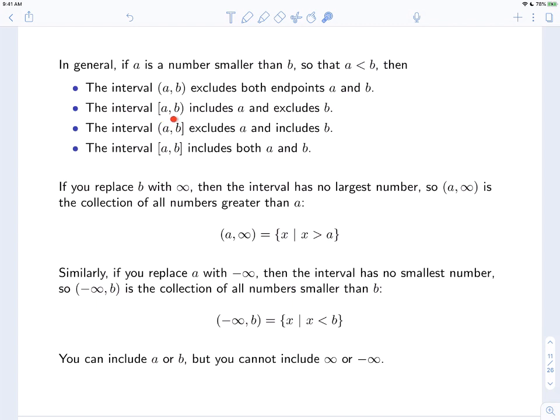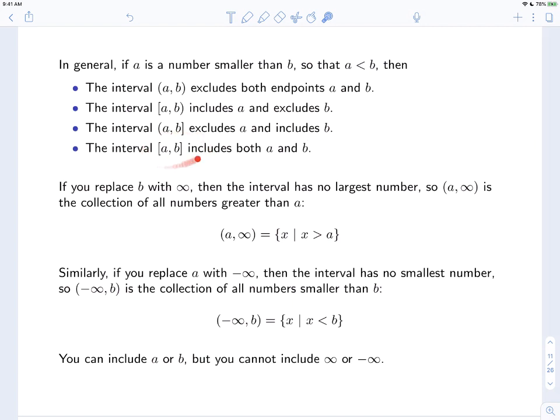Bracket a comma b parenthesis means you're looking at the interval between a and b, including all of the numbers between a and b, and including a, but not including b. Parenthesis means that you're not including it, so you're excluding b. The interval parenthesis a comma b bracket is the collection of all numbers between a and b, and also b. Parenthesis means we're excluding a. Bracket means we're including b.